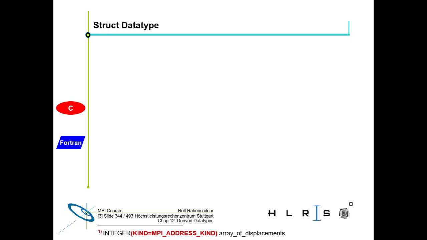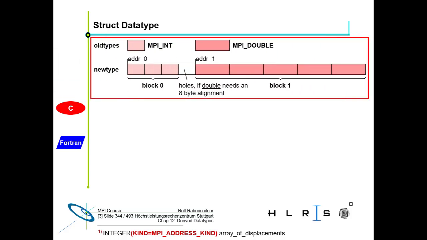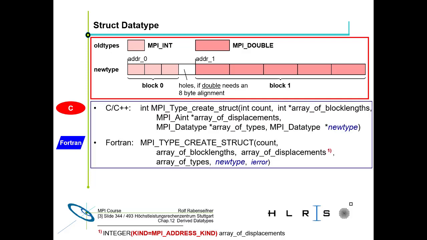A struct data type allows you to combine basic data types or other data types which are not all the same. We have 2 old types in this case, MPI int and MPI double, and we've got a block of 3 integers followed by a block of 5 double precision numbers. So we've got 2 blocks. Now we need to specify the length of the blocks, the displacements of each block, and the old type of those blocks.